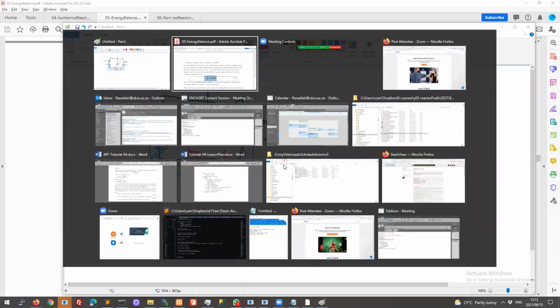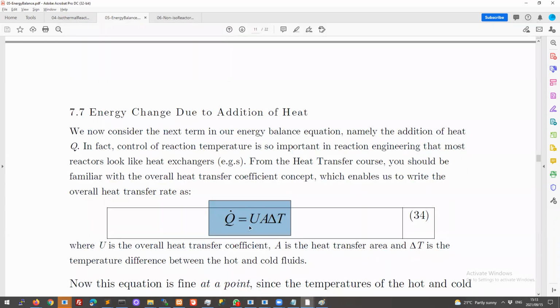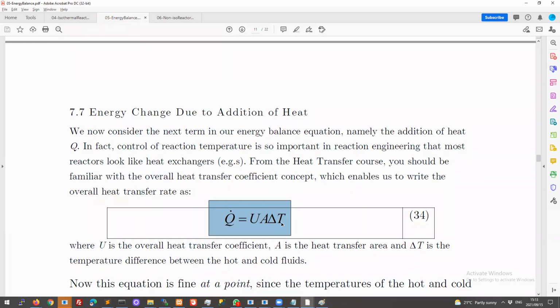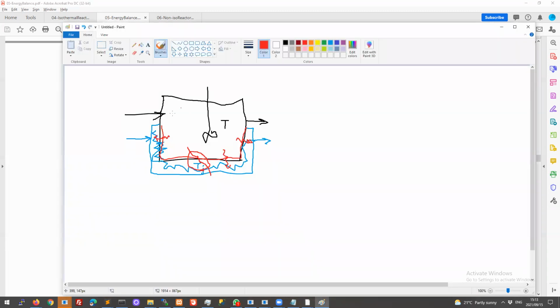So you've done all that in heat transfer. That all goes into estimating your U. Your contact area, of course, is going to be the contact area between the reactor wall and the jacket. And then there's a certain temperature difference. And this temperature difference, as you know from heat transfer, is not necessarily an easy thing, right?